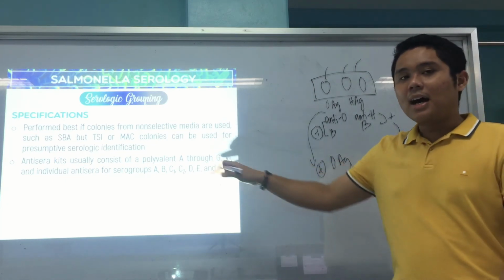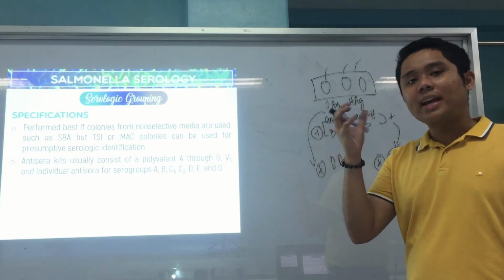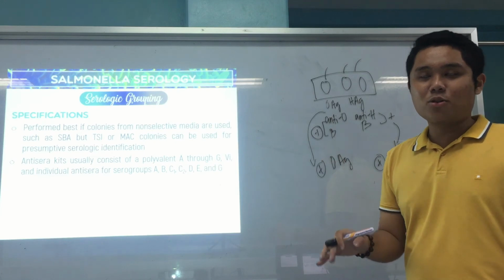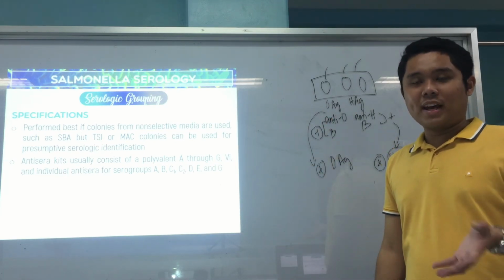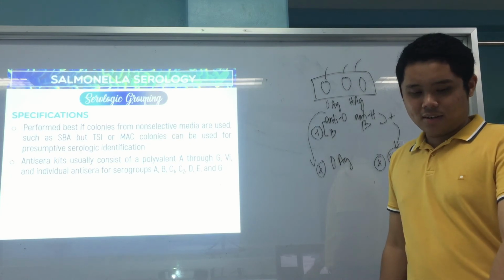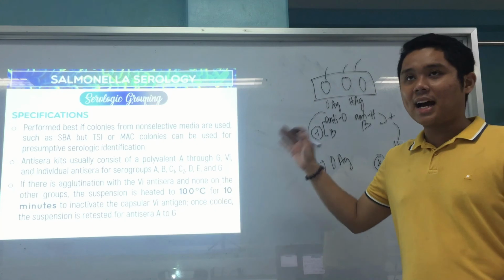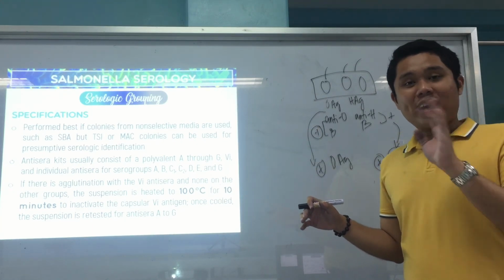So the polyvalent anti-sera contains the A serogroups, and then B, C1, C2, D, etc. So A through G. If there is agglutination with the VI anti-sera, as I mentioned, it can interfere with your O and H antigen.